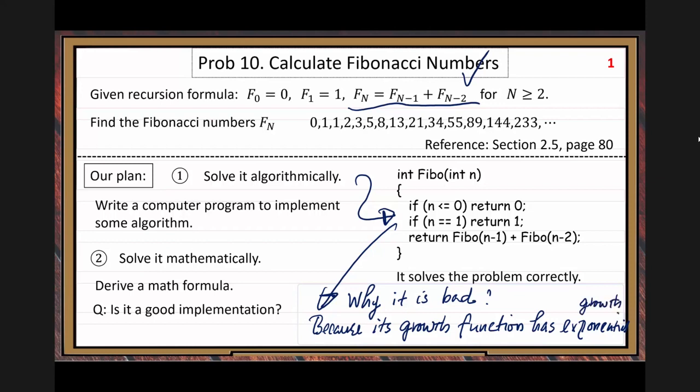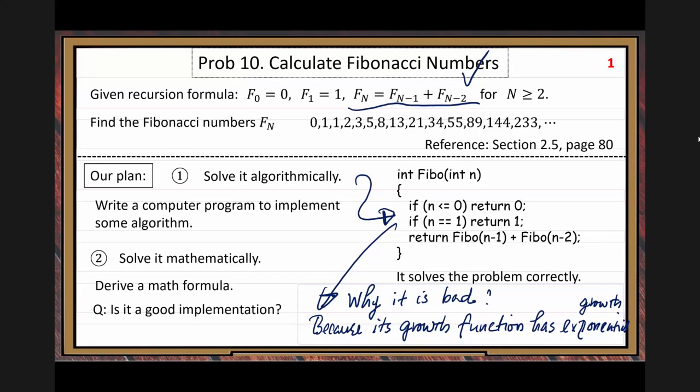Some of you may ask me, how do you see exponential growth? We will see later. At this point, we cannot see. You can imagine some kind of growth, but it's not that obvious. But later, after we complete the Fibonacci formula, then we can see exponential growth.